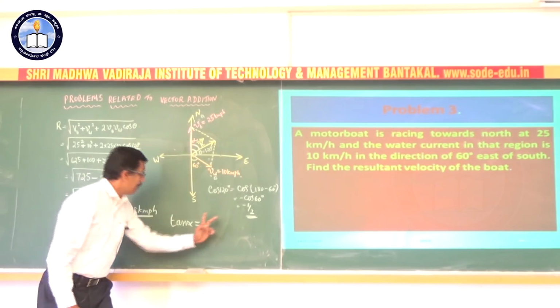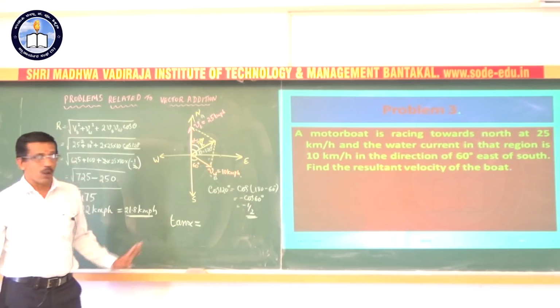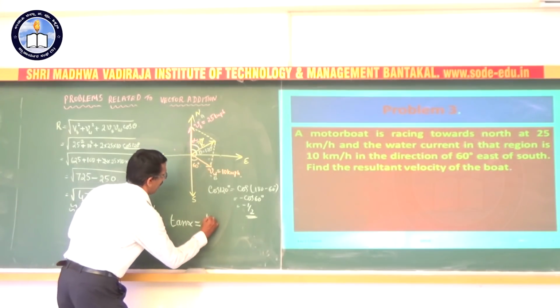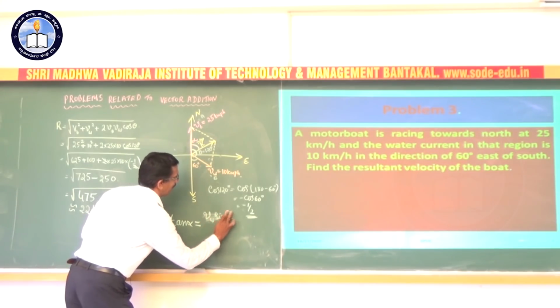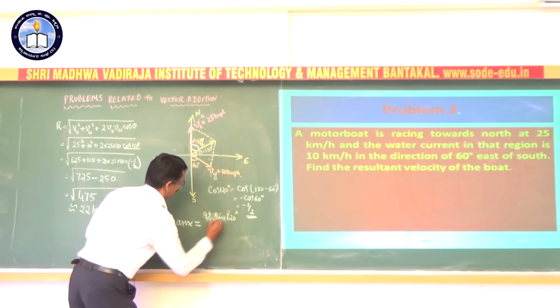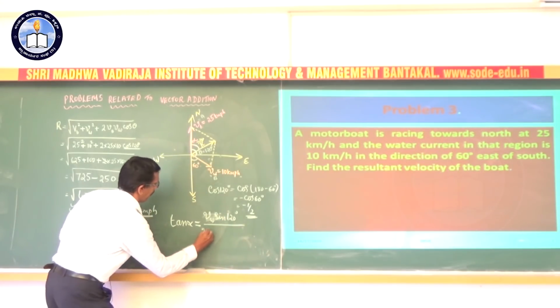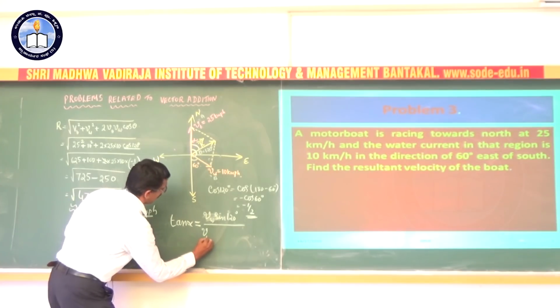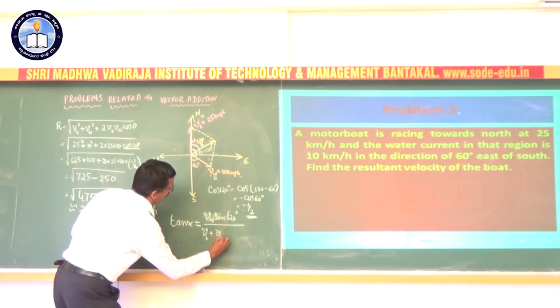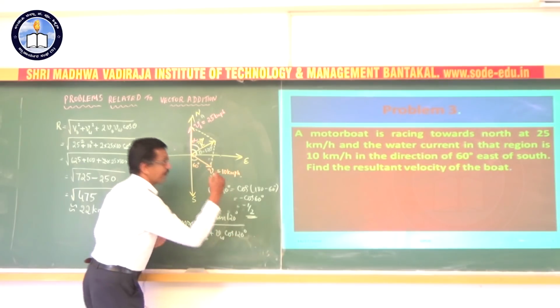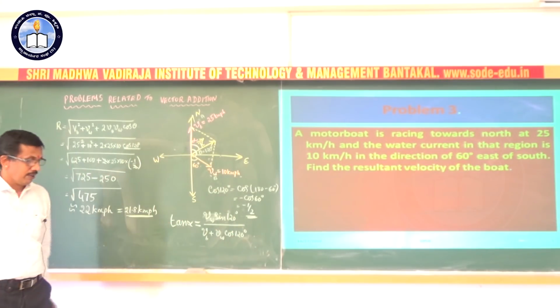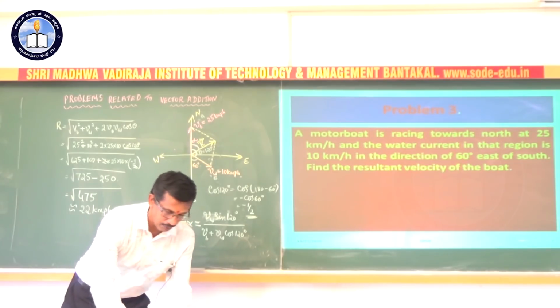B sin theta by A plus B cos theta. So first I will write the formula: VW sin 120 degree divided by VB plus VW cos 120 degree. Tan alpha is equal to.